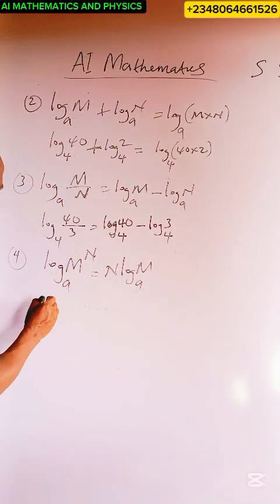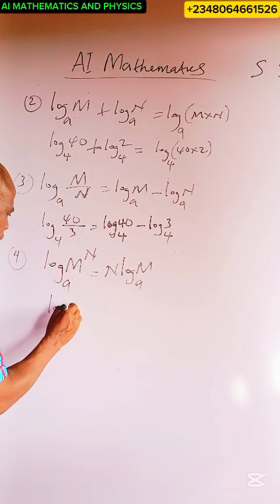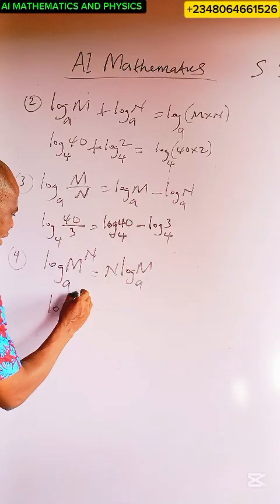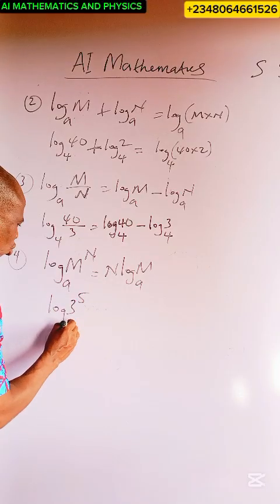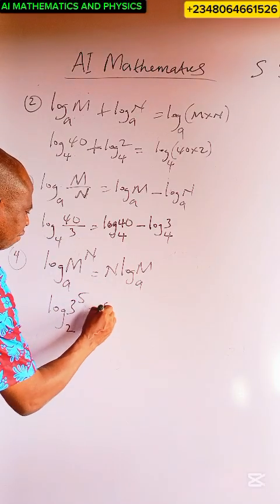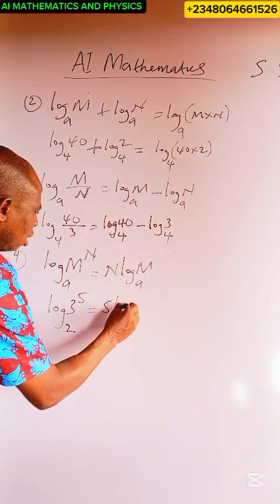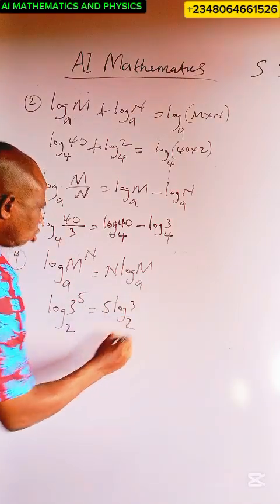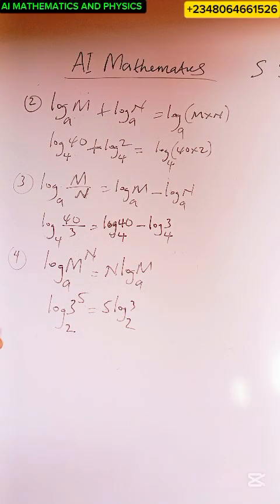When you have log 3 raised to power 5 base 2, it means 5 log 3 base 2.